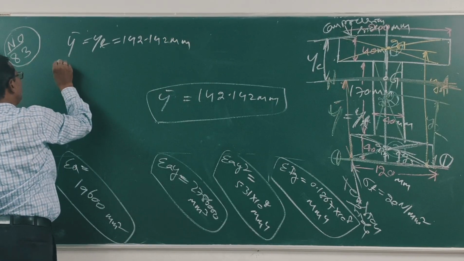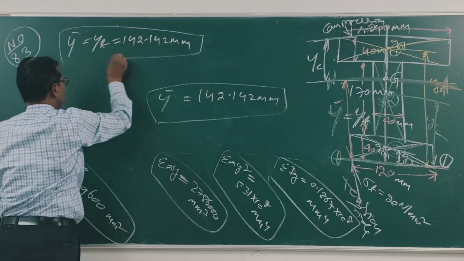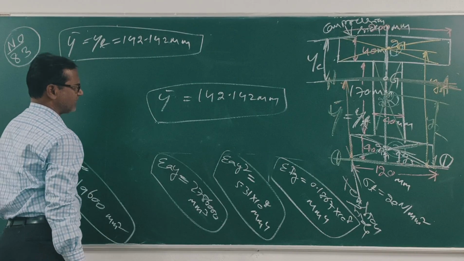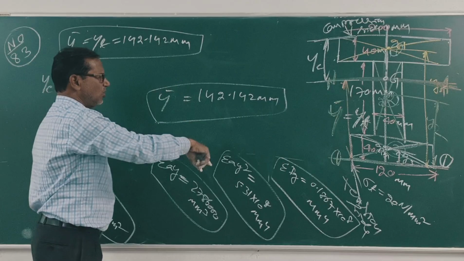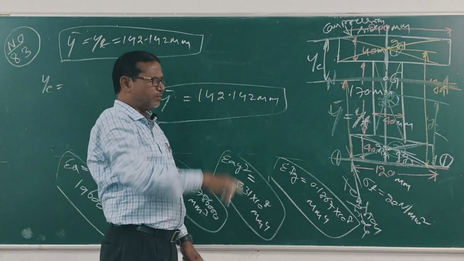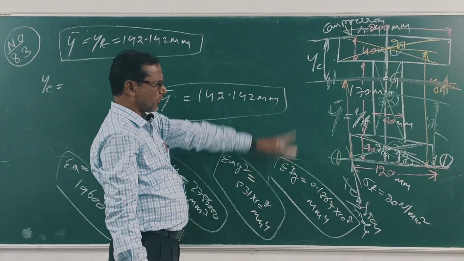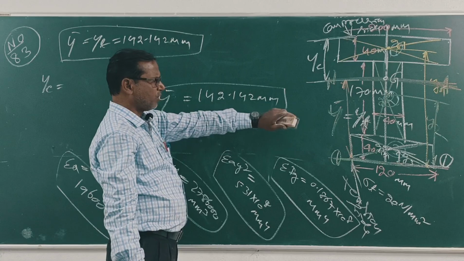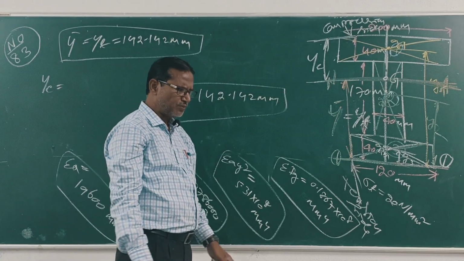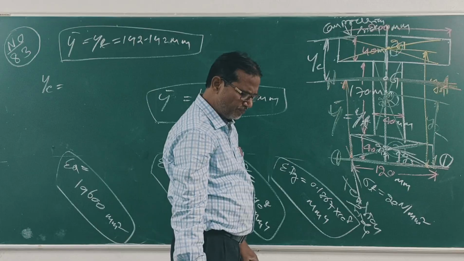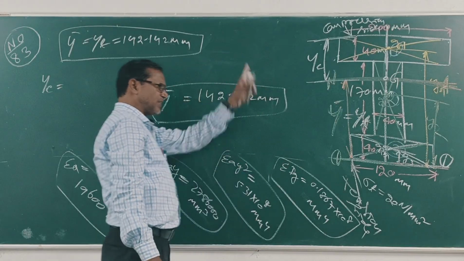Now yc, what is yc? yc is equal to the total distance minus yt, because yc plus yt is equal to this total distance. What total distance? 40 plus 40 plus 170, 250. Clear? The total distance is 250.